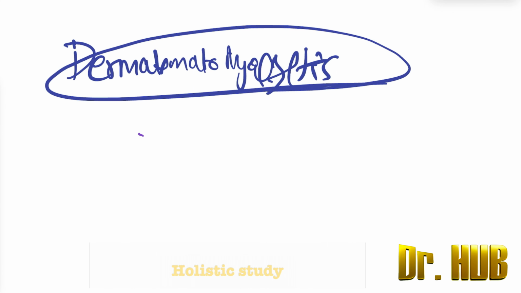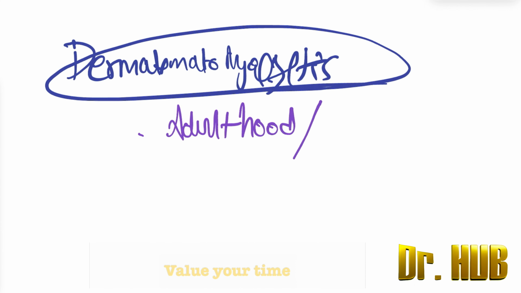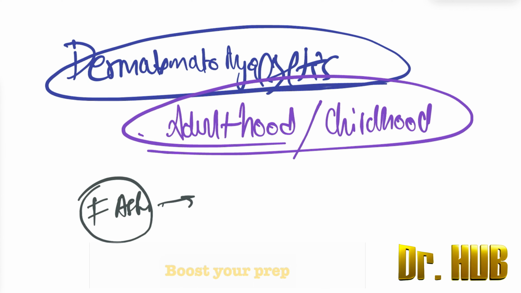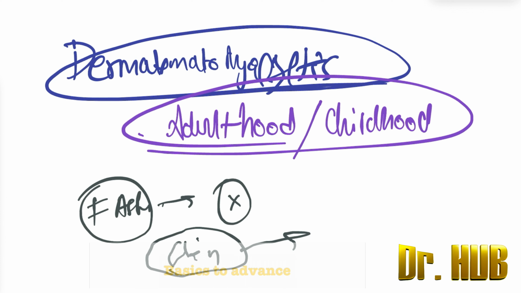The age of onset here is from adulthood, or it is also present in childhood. Next is the family association. The family association is not present. Then when you look at the skin manifestation, yes, the skin manifestation is present.